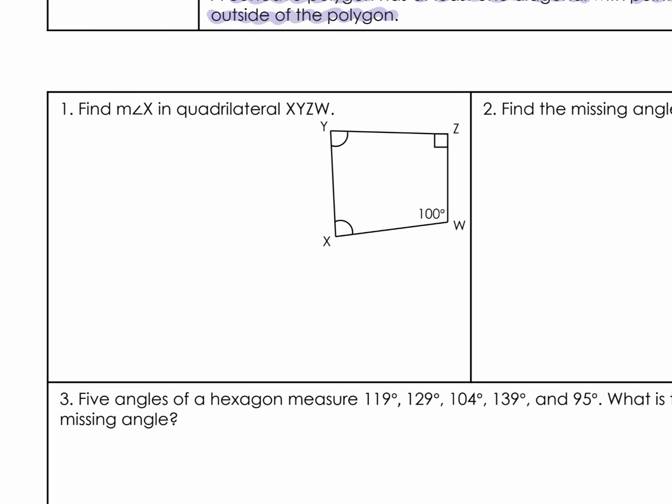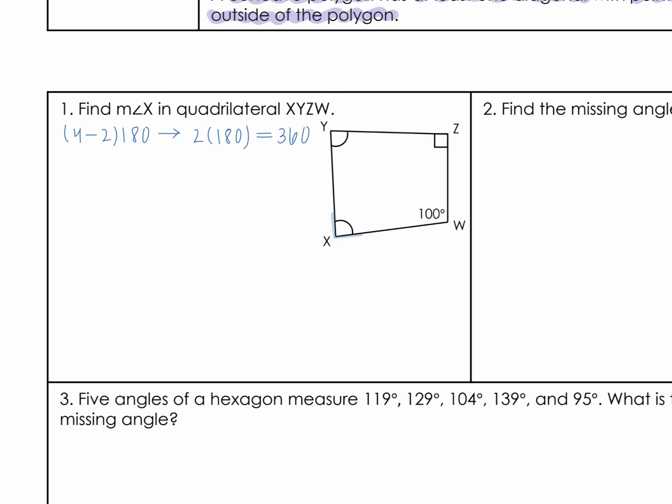All right, so in number 1, we have find the measure of angle X. Okay, so we're going to find this angle here in the quadrilateral X, Y, Z, W. Okay, so starting off, we have that the sum of this polygon here is just going to be that 4 minus 2 times 180, which is just going to give me 2 times 180, which is 360.